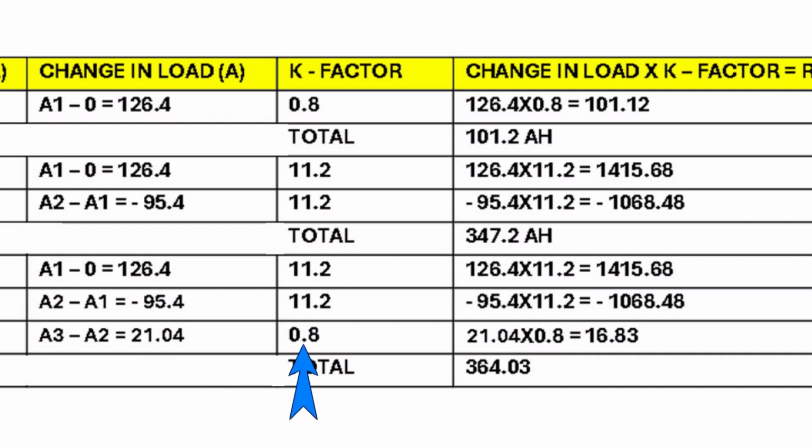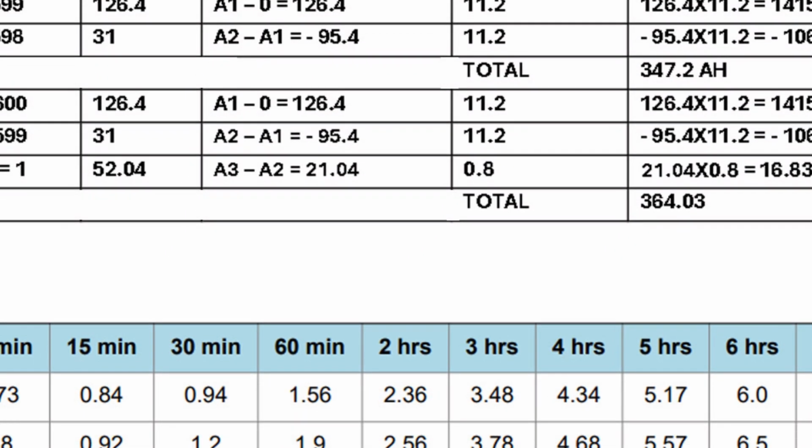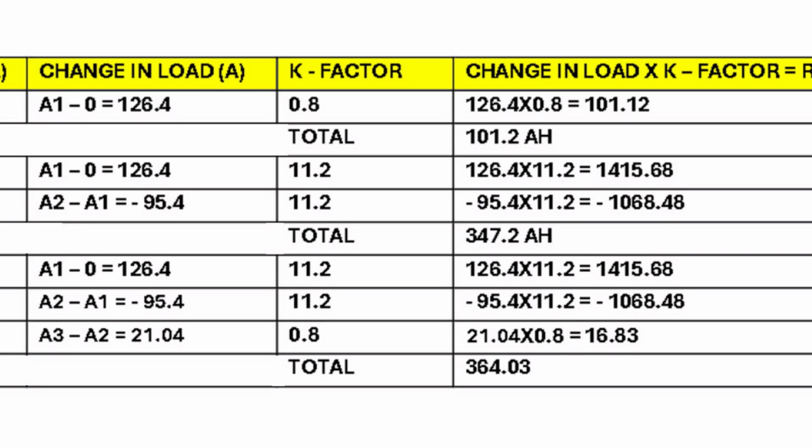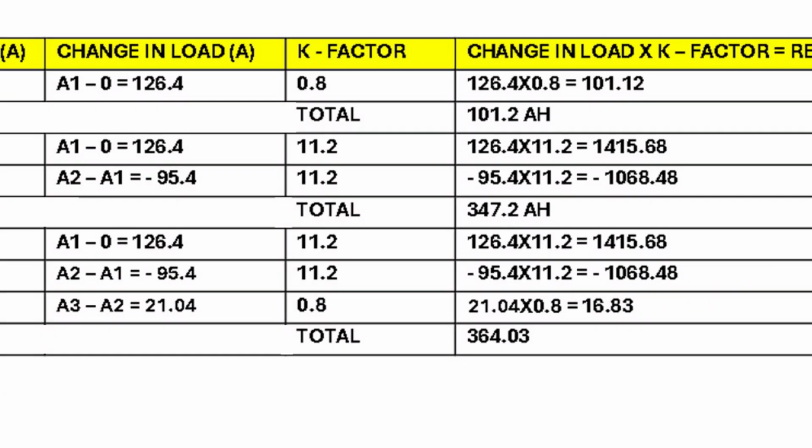From the K-factor table, we will get that this is less than 5 minutes. So we will take it as 0.8. And if we multiply that change in current, that is 21.04, with 0.8, we will get that value. Now the total ampere hour in the third case will be the sum of this value, and this value. And that will be 364.03.